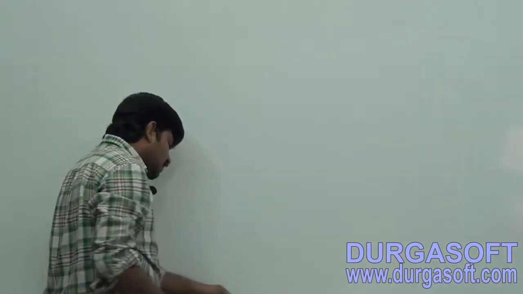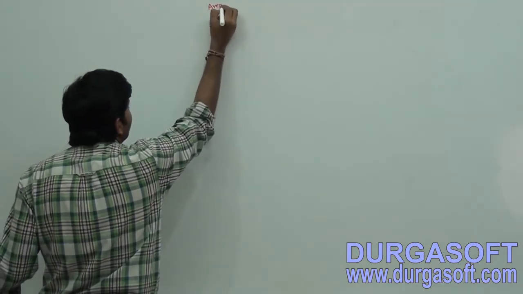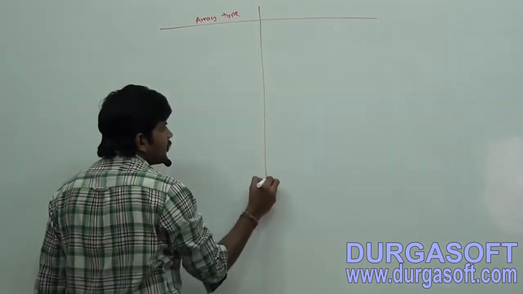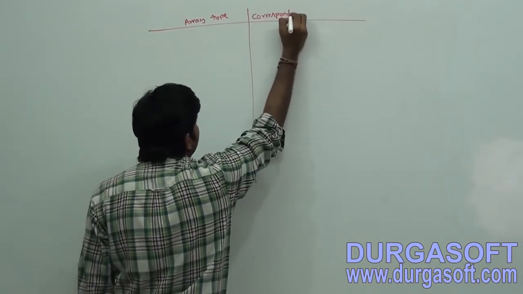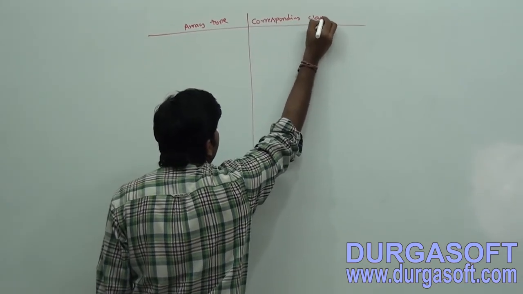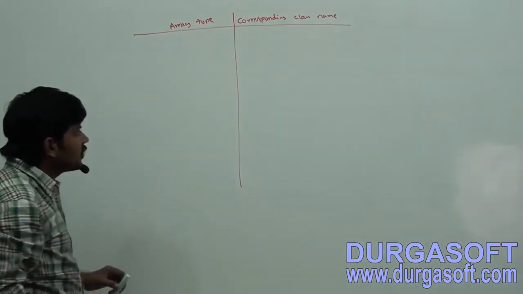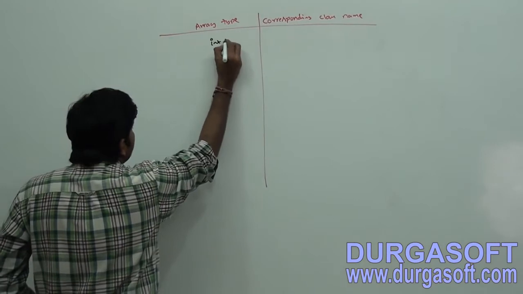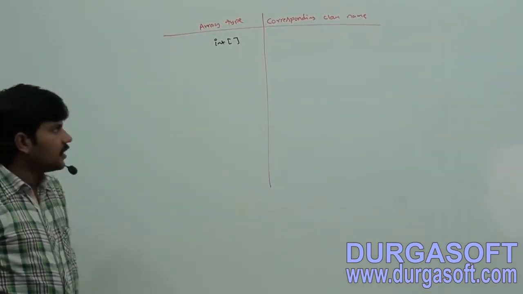Now just observe. Let me take a small table form: array type and corresponding class name. Here I am taking an int array.